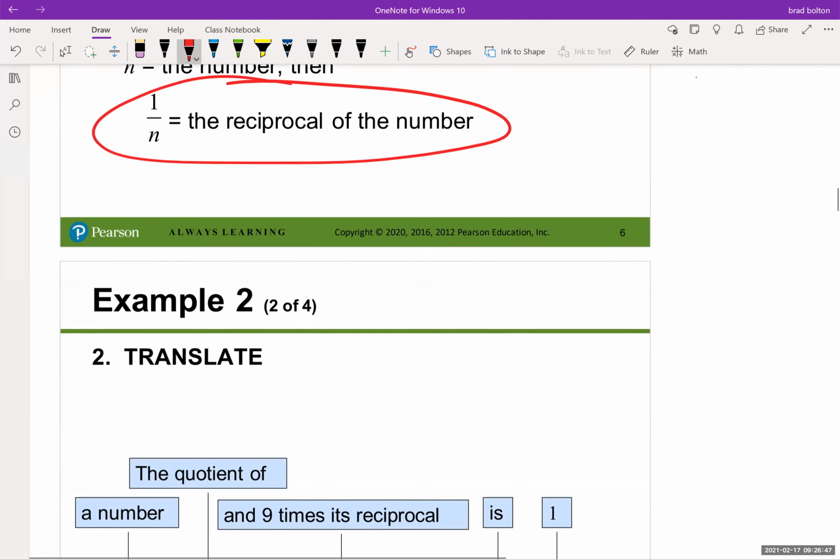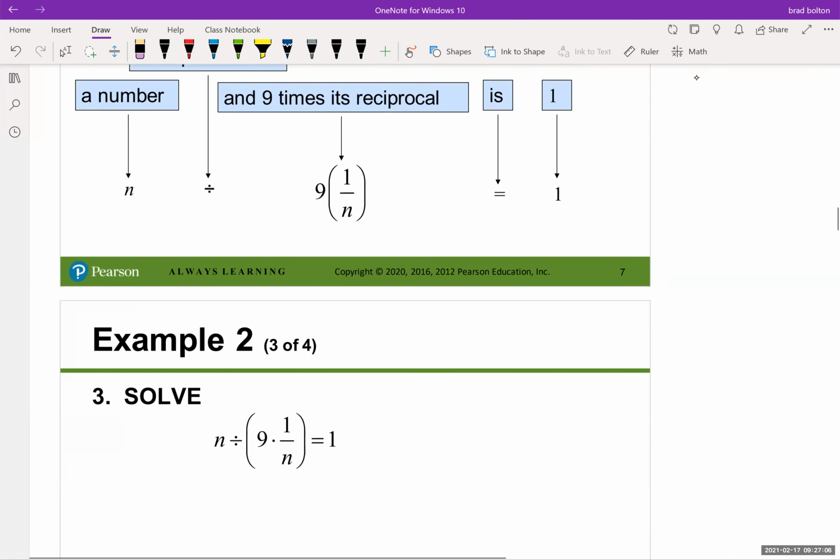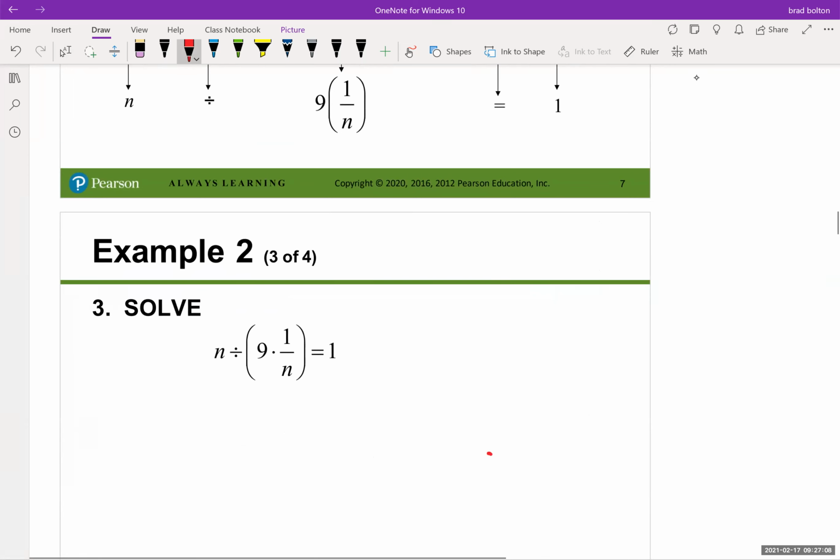So now down here, we have this all typed out real nice. A number, boom. The quotient means division. And 9 times its reciprocal. So 9 times the reciprocal of a number is equal to 1. So now that we have this, this is our new equation, okay?